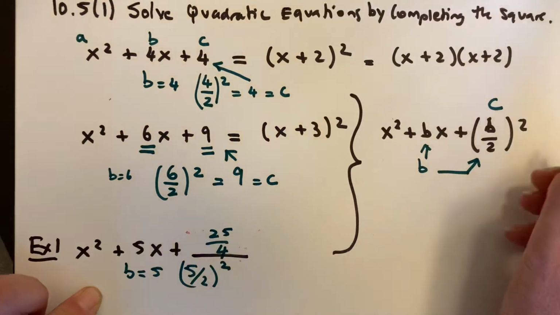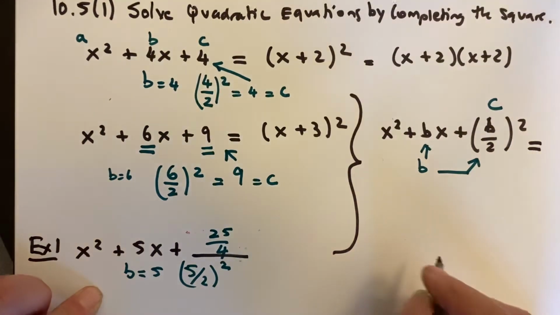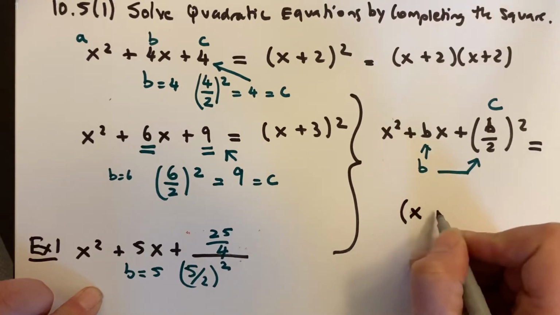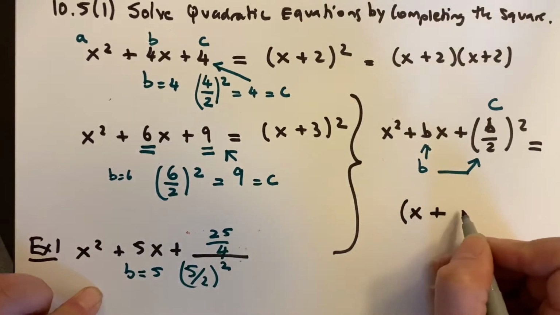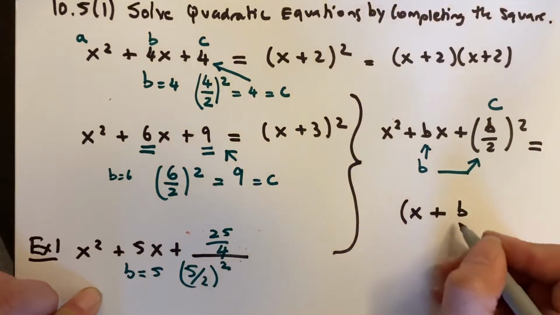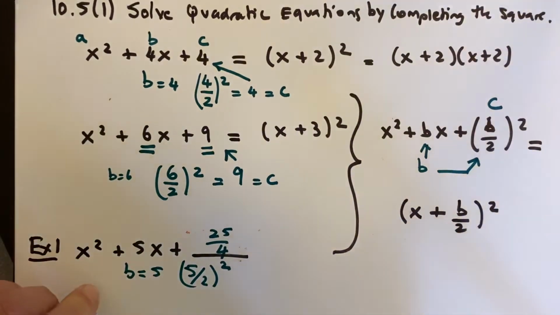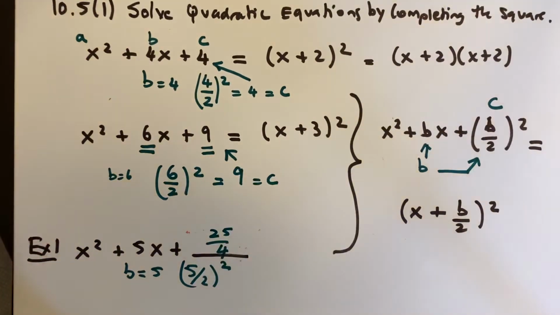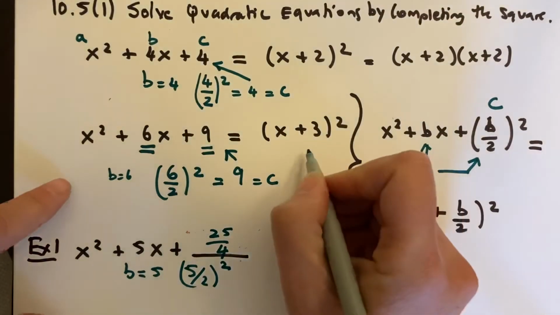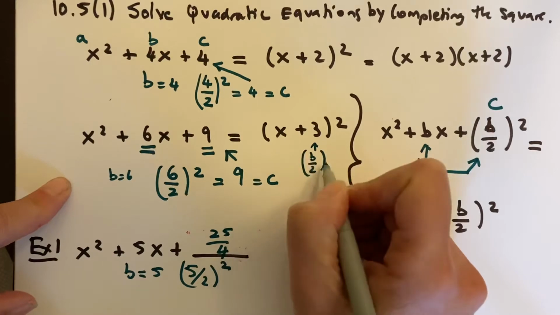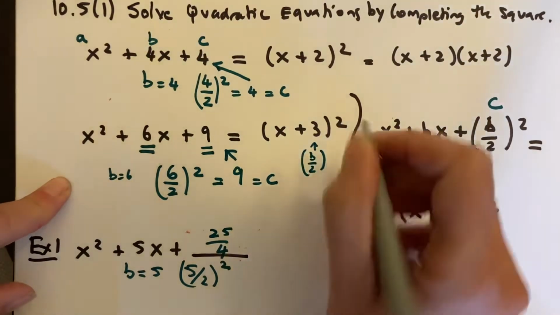The second part is they want you to see that this is equal to x plus b/2 squared. And what that means is simply, if I go back to my examples here, this is b/2 squared, right? That's b/2.